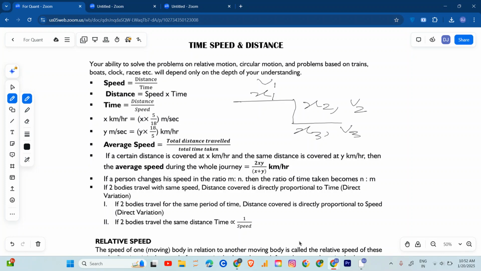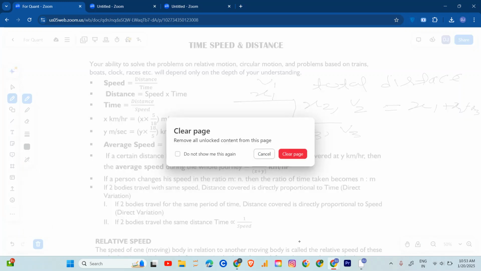So average speed is total distance travelled. During this total motion, the total distance is equal to x1 plus x2 plus x3. Fine. Now we need to find out the total time taken. So let me clear the page.